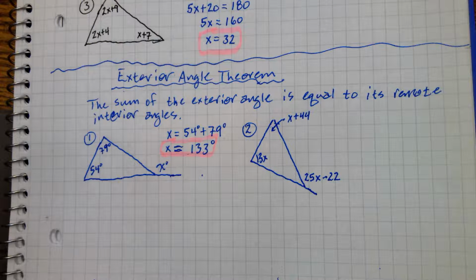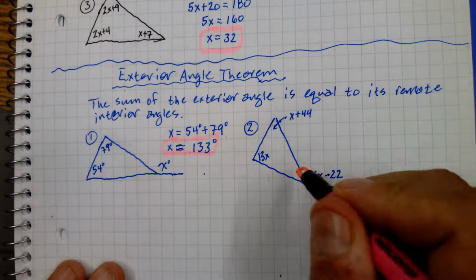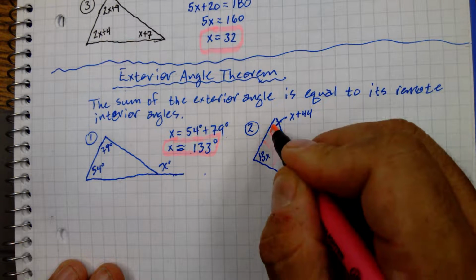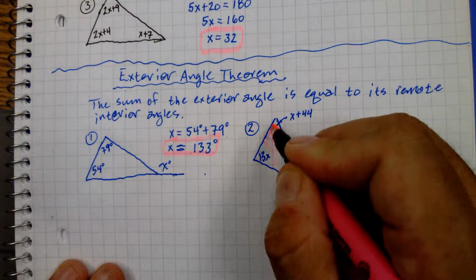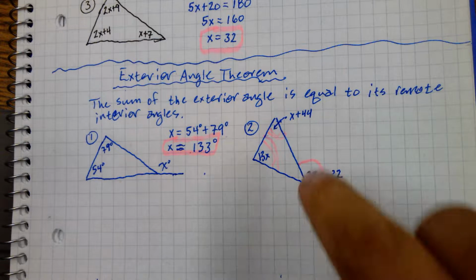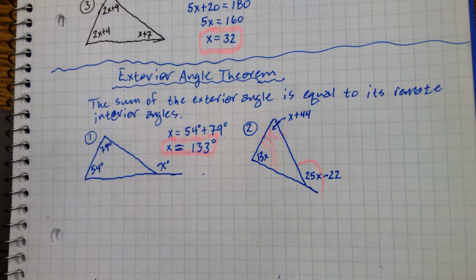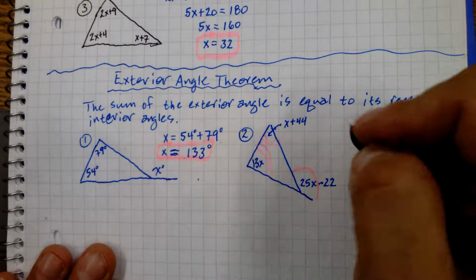But you use the same idea. This equals these two put together. 25x minus 22 equals this plus that. So set up an equation.